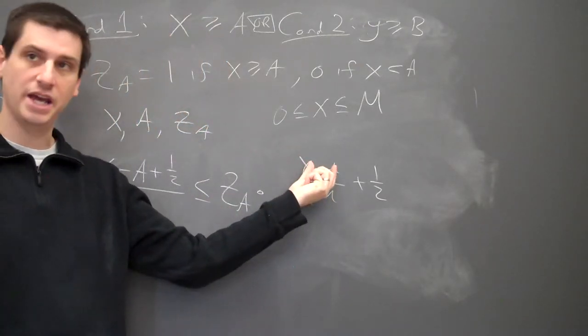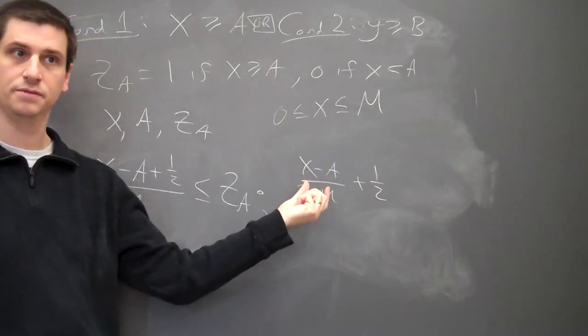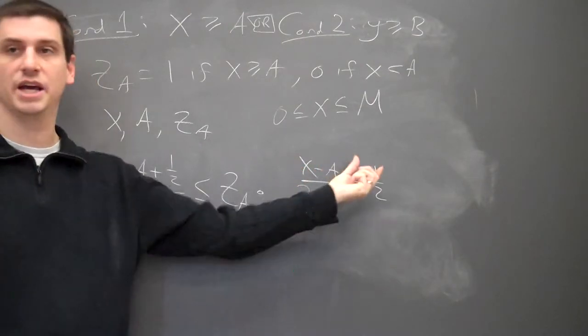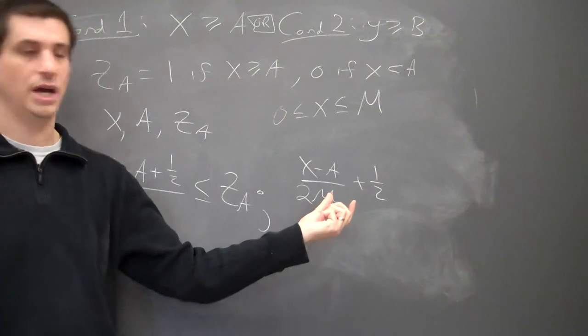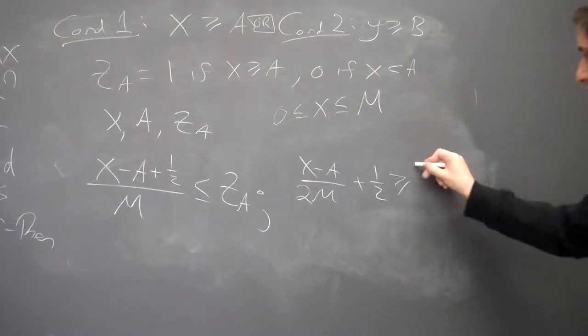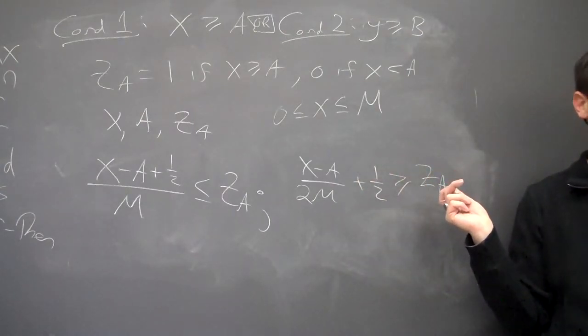If x is less than a, this is going to be negative, and so this will clearly be less than a half. We've got to be careful, this is not going to quite work, but that would force z of a to be 0.